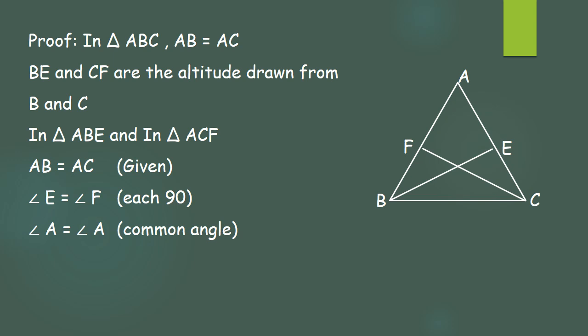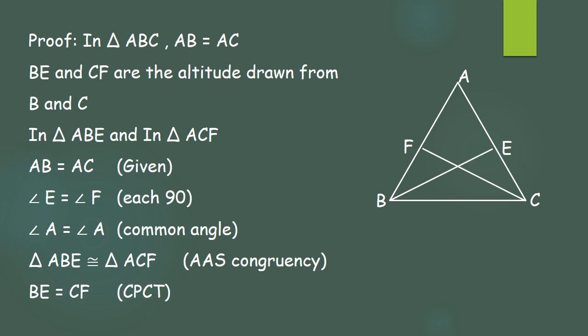Therefore the triangles are congruent by AAS congruency. And as the triangles are congruent, their corresponding parts are equal. So BE is equal to CF, and hence proved.